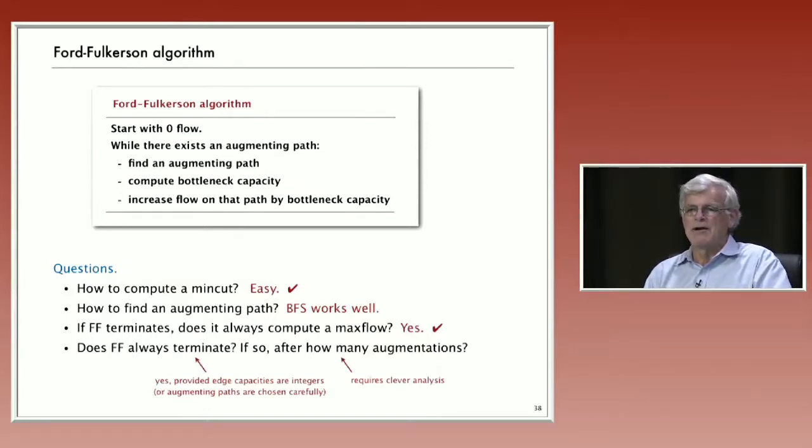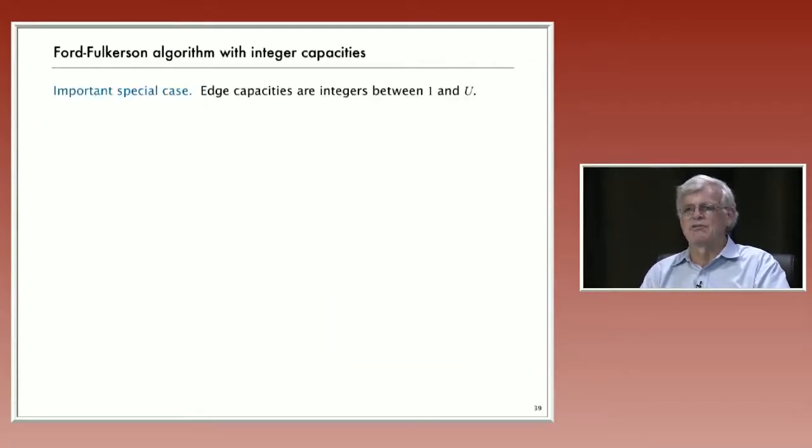But to figure out how many augmenting paths there are, that's the key that requires some clever analysis. And there's been a lot of different schemes studied to try to understand a way to first find the paths cheaply, and then see how we can limit the number of augmentations.